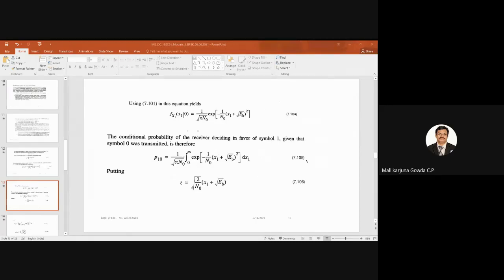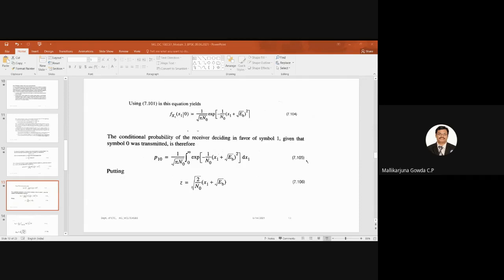Did you understand how I got this equation? To find the conditional probability of the receiver deciding in favor of symbol 1, given that symbol 0 was transmitted, I take the integral of this expression. I have taken 1 by root of pi N naught outside the integral, and the rest of the things are inside the integral into dx1.